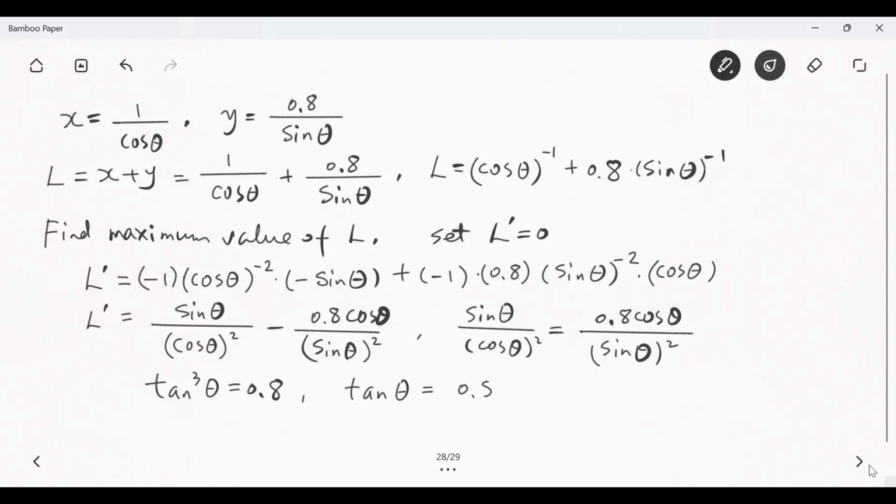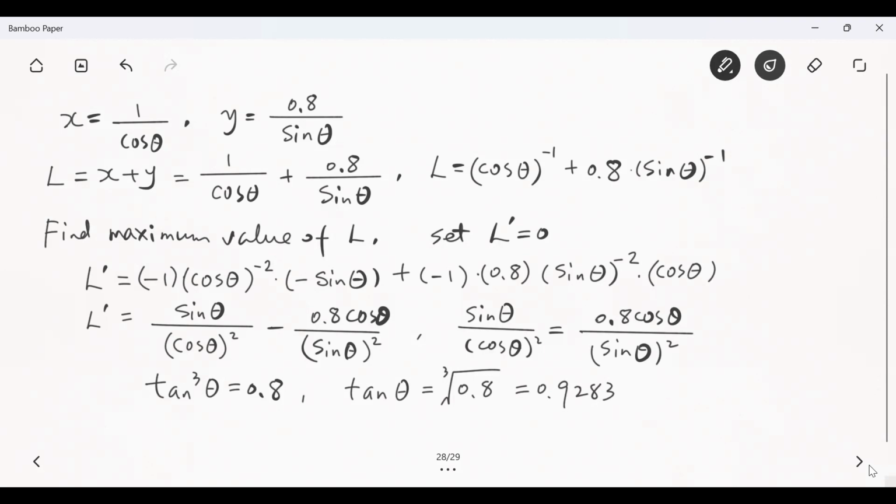That's the cube root of 0.8, right? Theta is less than 180 degrees, so we just take the positive, in the first quadrant, right?